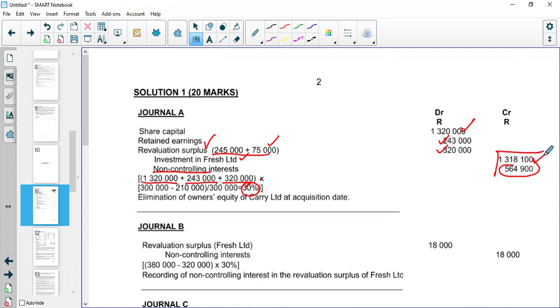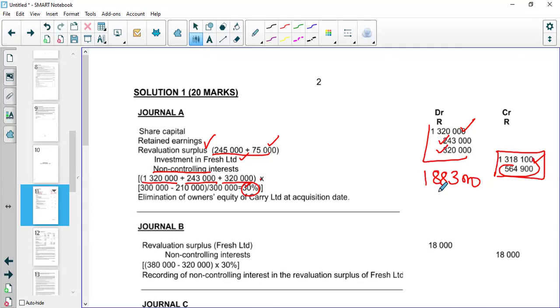Now we're going to balance the credit side with the debit side. All right. So if you add up your debit side there, it's going to give you 1,883. Let me use my calculator so that I can be more accurate.